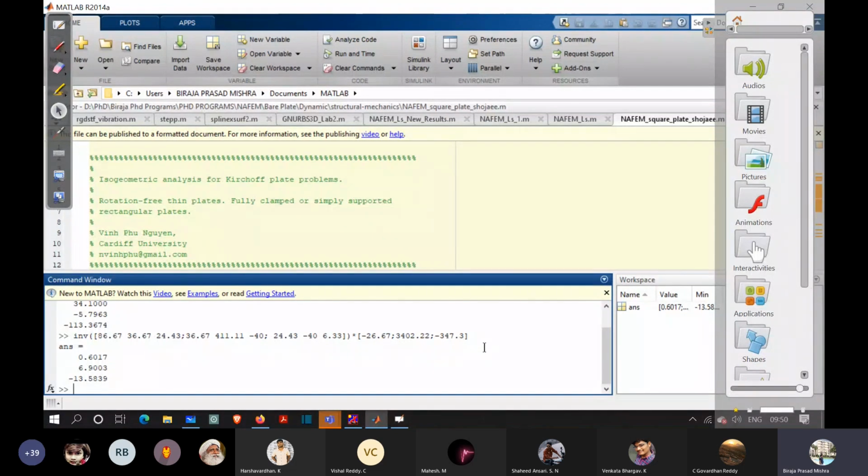So these are the values: 0.6017, 6.9003, and minus 13.5839. This is in tons, this is in tons, and this is in ton meters.